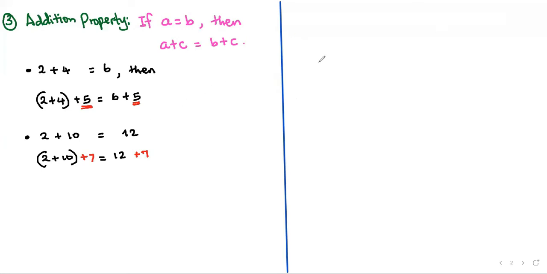Okay. We look at property number 4. This one is called the subtraction property.